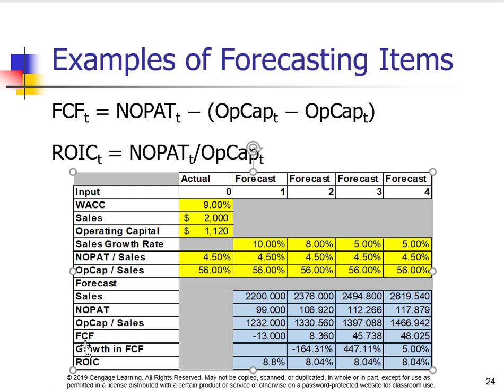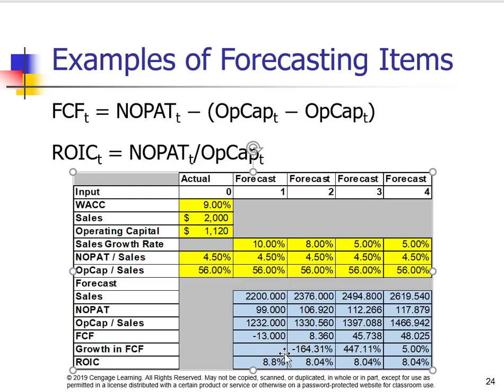So again, we find out that the free cash flow for this company is negative 13, 8.3, 45.7, 48.025. So what is the growth rate in free cash flow? Again, if you look, you just take the ending cash flow divided by the beginning cash flow.